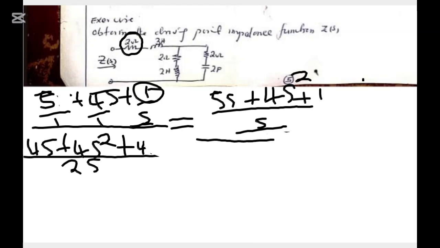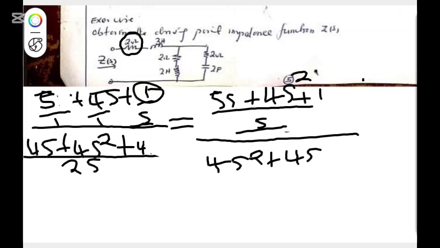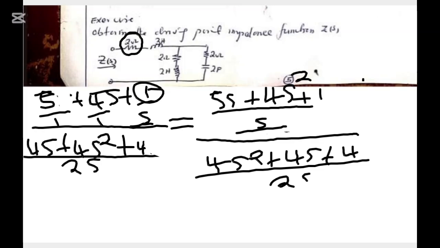Then I have to say divide it by, but I have to put the 4s square first: 4s square, and then plus 4s plus 4, divided by 2s.